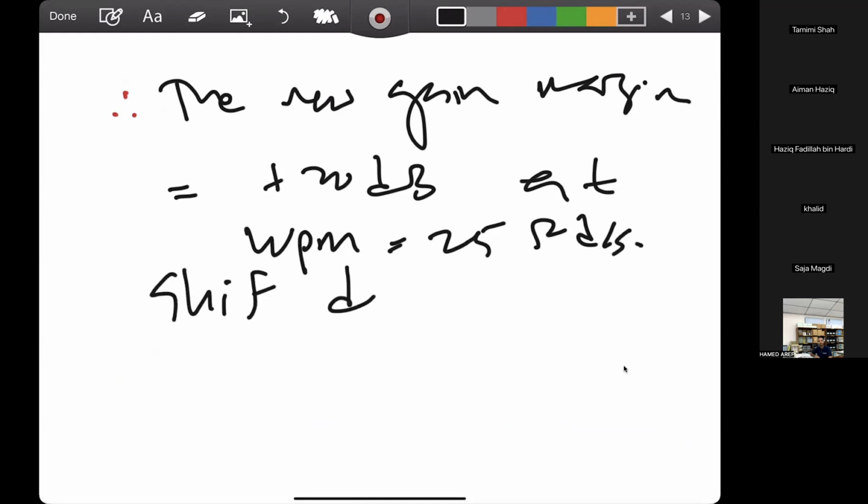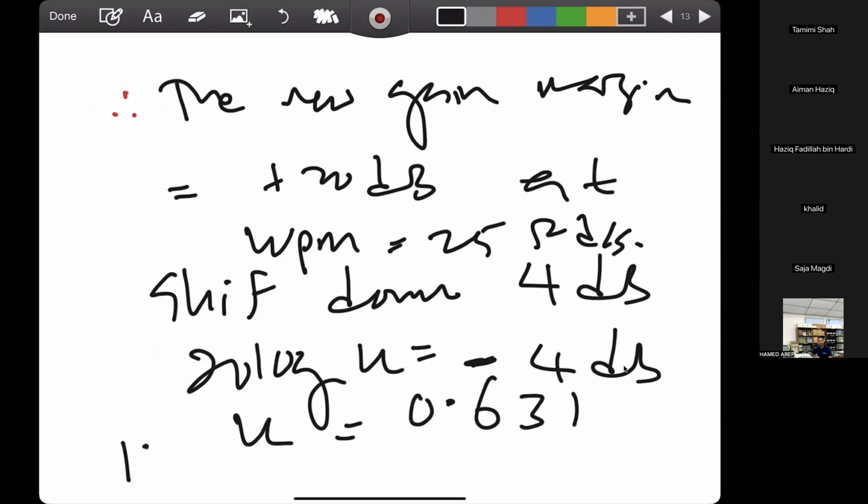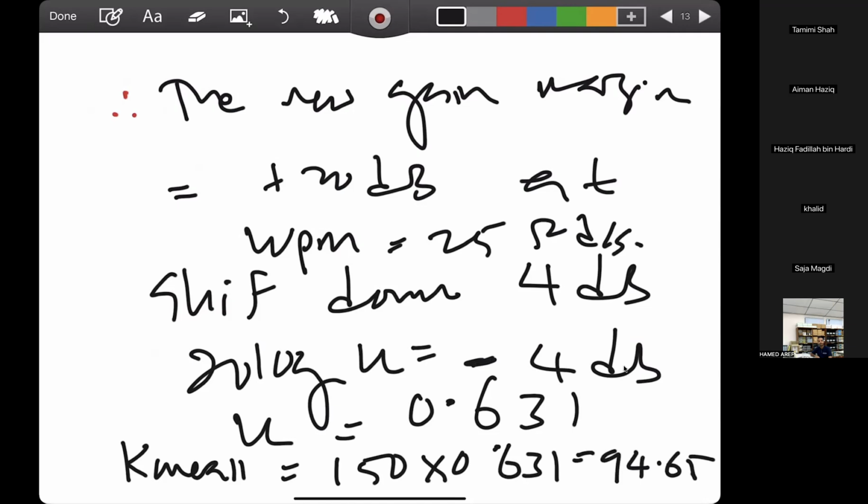Shift down 4 dB, meaning that 20 log K minus 4 dB, so K equals 0.631. K overall is 150 multiplied by 0.631, which is 94.65.